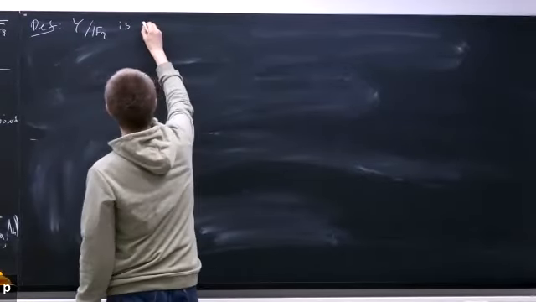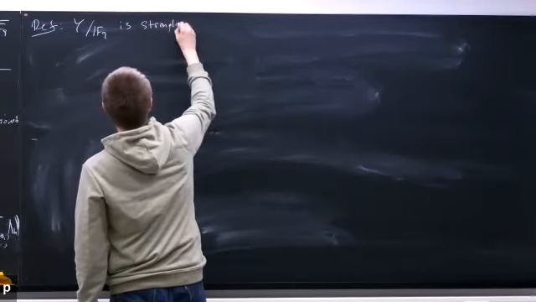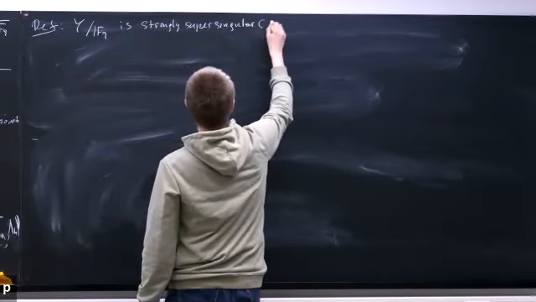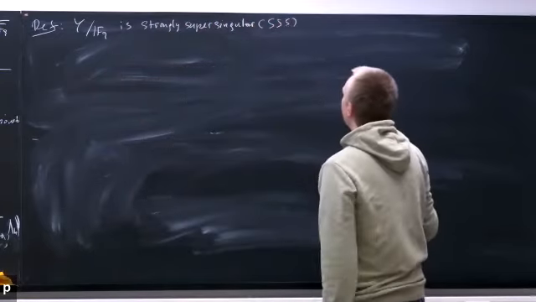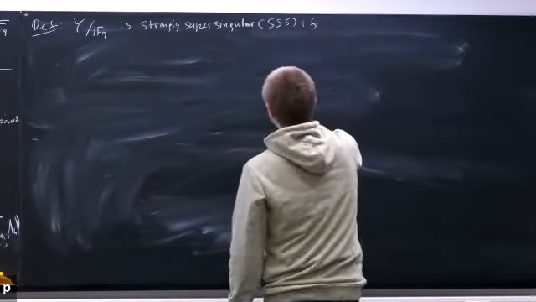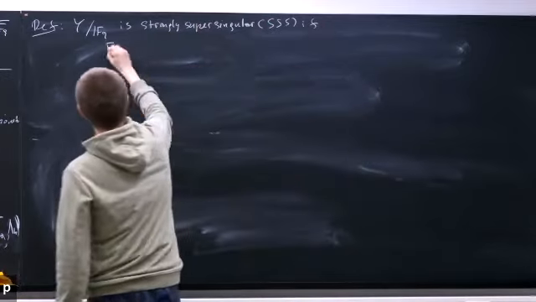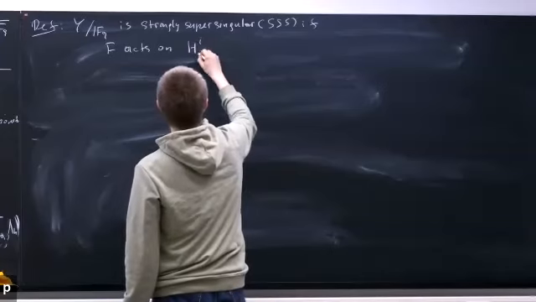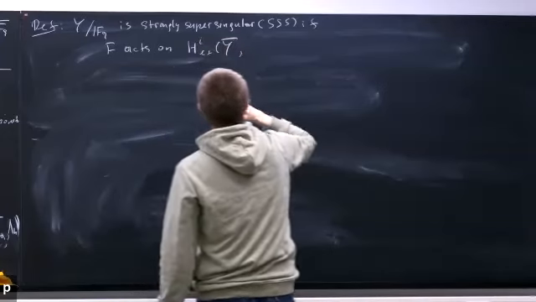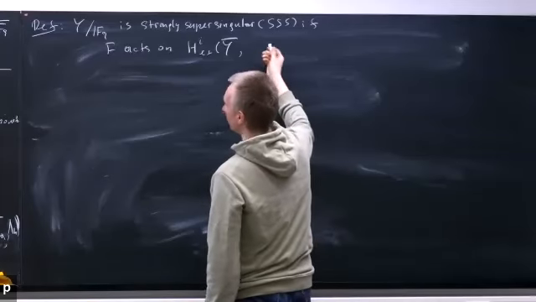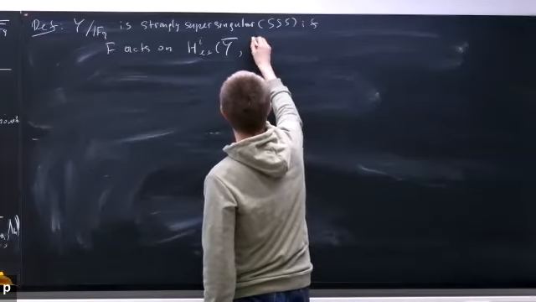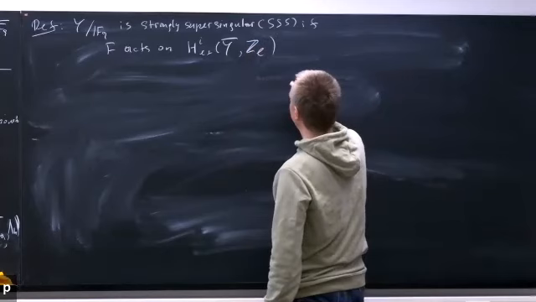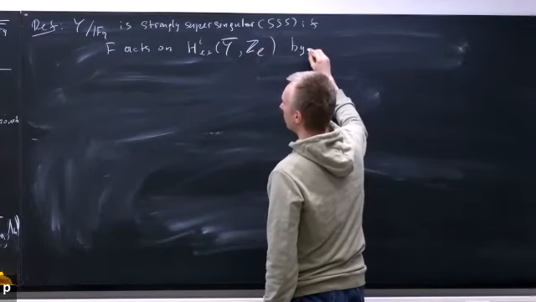Such a variety is called strongly supersingular, SSS, if Frobenius acts on the étale homology of Y, actually in any coefficient, say Z_l, by multiplication.